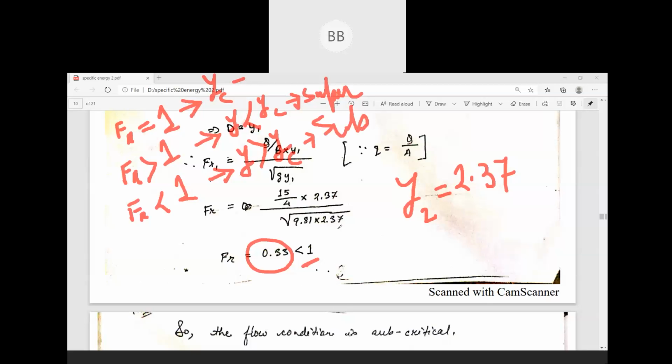Now you see, if your Froude number is less than 1, then you can say that the flow is subcritical. The Froude number we got is 0.33, which is definitely less than 1, so you can say that the flow condition is subcritical.